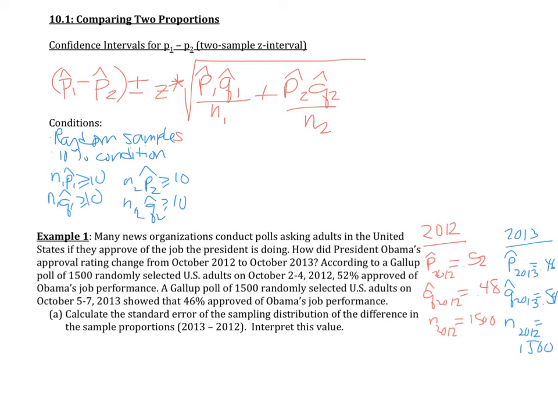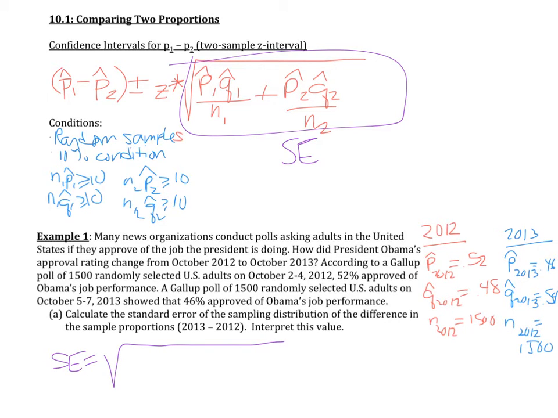So the first thing I'm going to ask you to do is to calculate the standard error. The standard error, remember, is the part under the square root. So I'm going to write it out: 0.46 times 0.54 over 1,500, that's the part that goes along with 2013, plus 0.52 times 0.48 over 1,500.